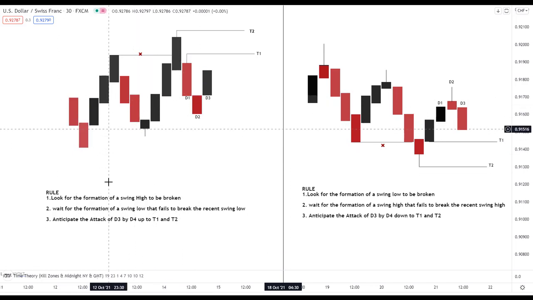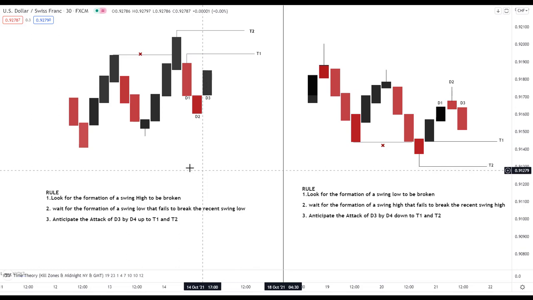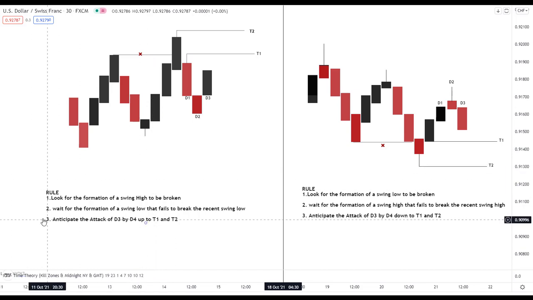We want it to be within an already defined framework before we can go ahead to work with it or to pick that. So if we say we want it to be within a particular framework or structure, what is that structure? That would take us to the rule. We want to look for the formation of a swing high to be broken.